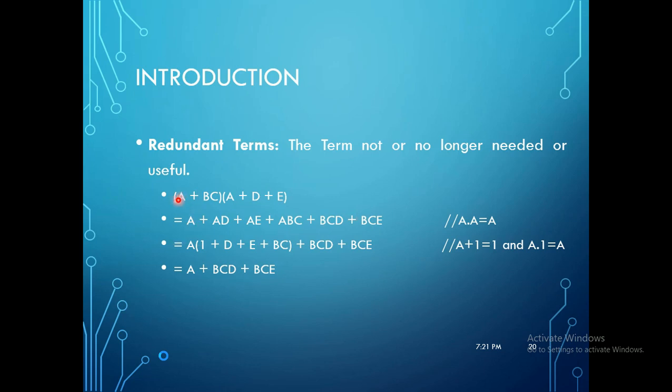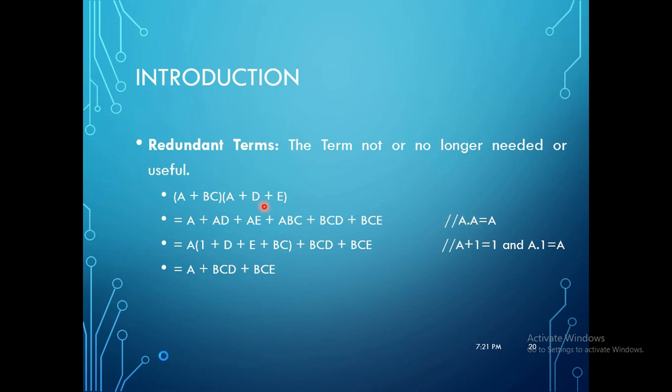So there is a redundant term here. When you multiply A into A, you get A itself. I have written in comments A into A is equal to A. So one A becomes the redundant term, that is not needed for the next expressions.